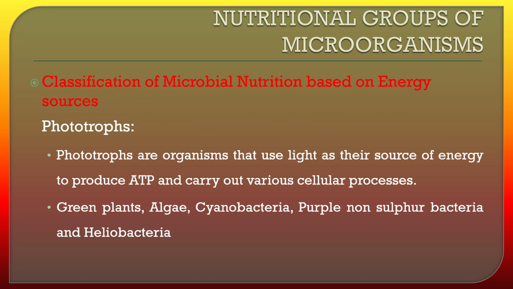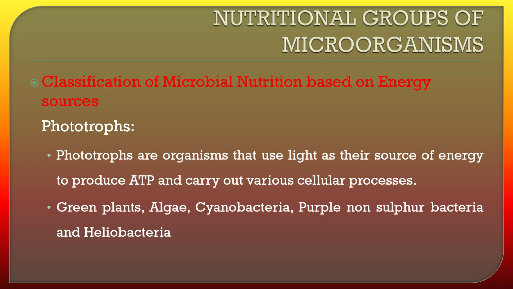Another type of microbial classification is based on the energy. The first one is phototrophs. Phototrophs are organisms that use light as a source of energy to produce ATP and carry out various cellular processes. Phototrophs capture light energy and convert it into chemical energy inside the cells.